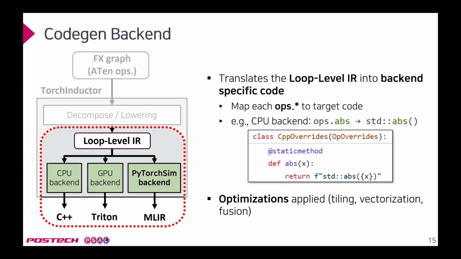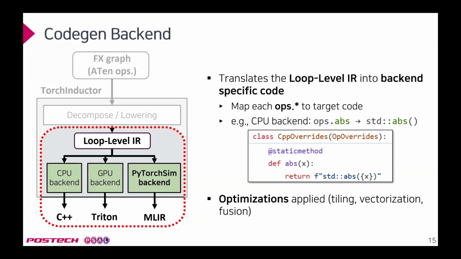The loop level IR is passed to the CodeGen backend. The primary role of this stage is to map the loop level IR operations into actual code tailored for the target hardware. For instance, as shown in the code snippet on the right, the CPU backend maps ops.abs directly to the C++ standard library function.